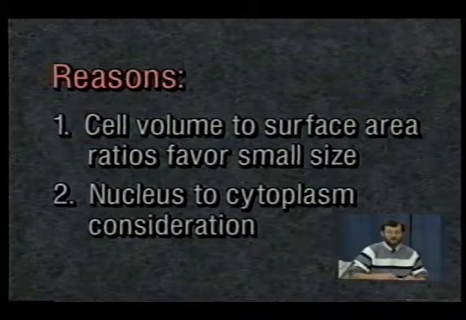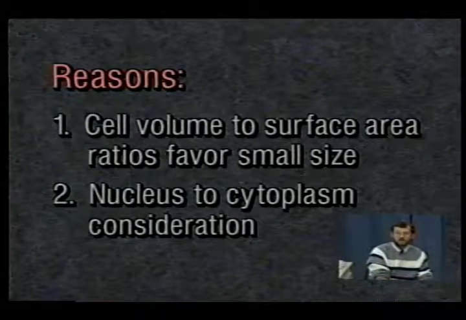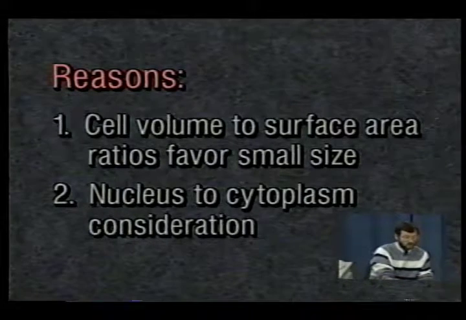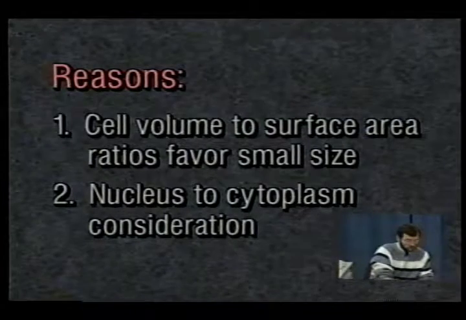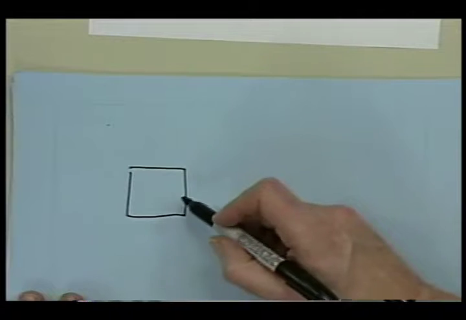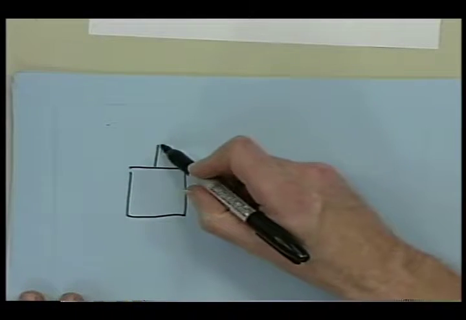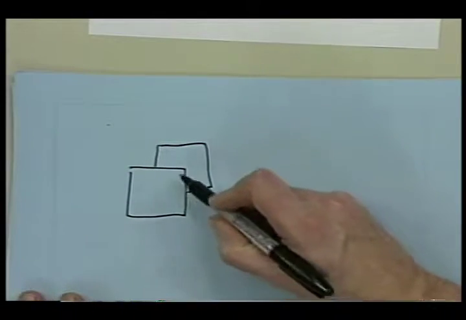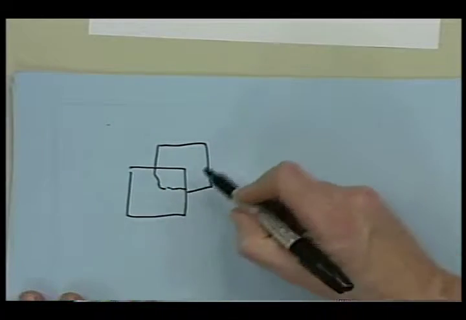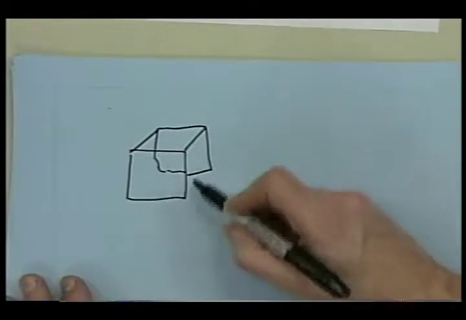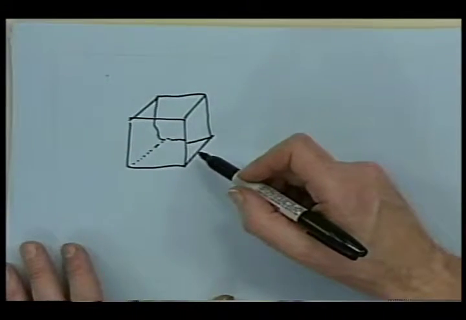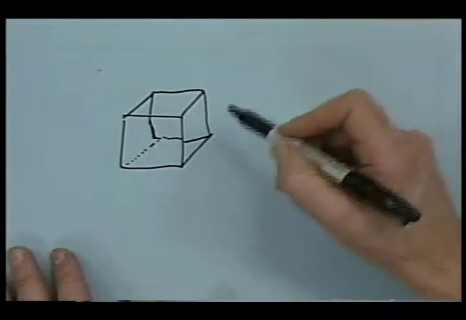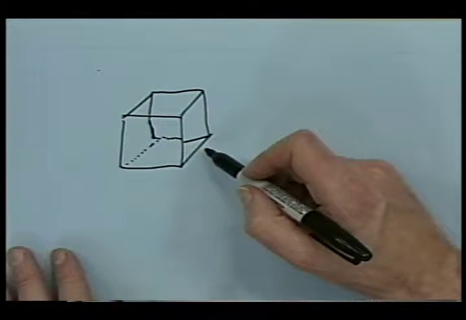I would, however, like to work through something with number one in terms of cell volume to surface area. And if we can come in on the overhead camera, just to illustrate a couple of points here with this one, I'm going to try to draw a cube as best I can. Okay, if you can envision a three-dimensional object here, a cube, and this is going to be our cell.